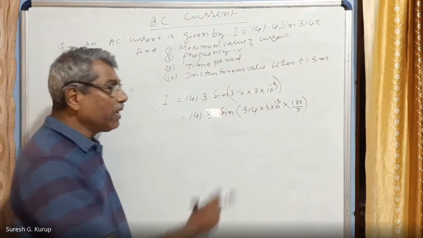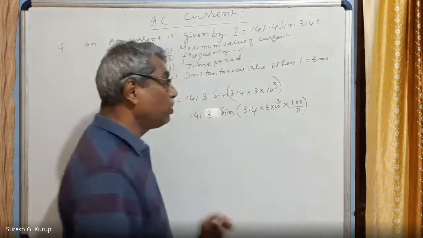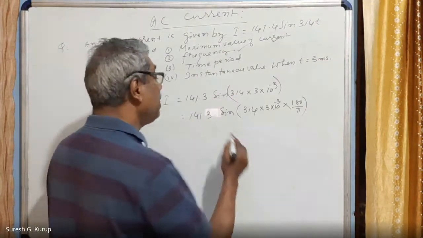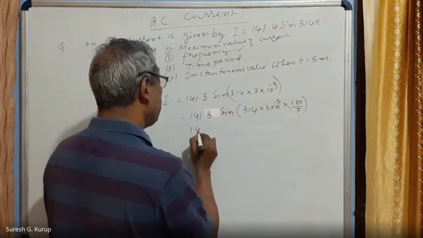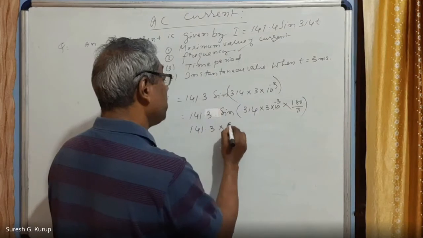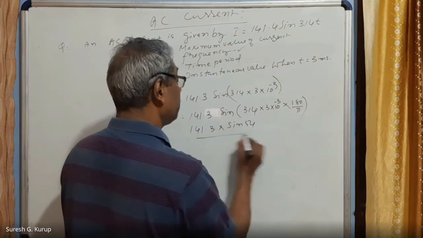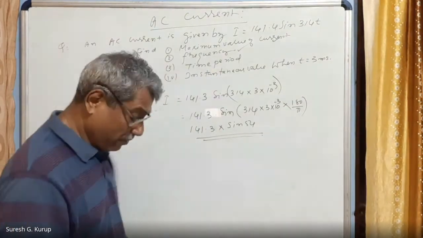So when we calculate this one, pi has to be taken as 3.14 only. Then you will get 141.3 into sine 54.